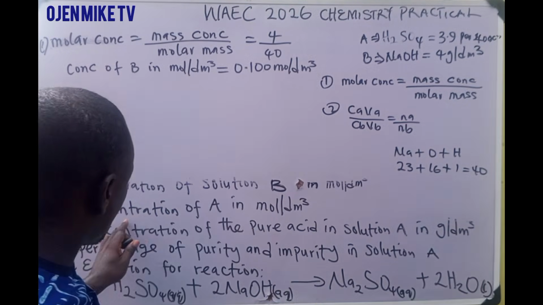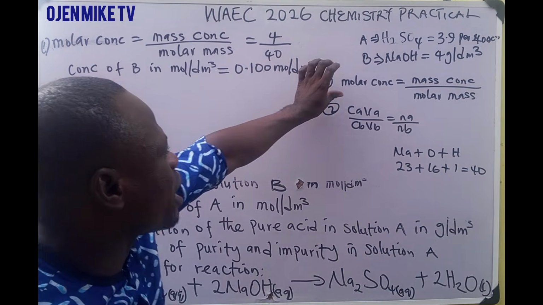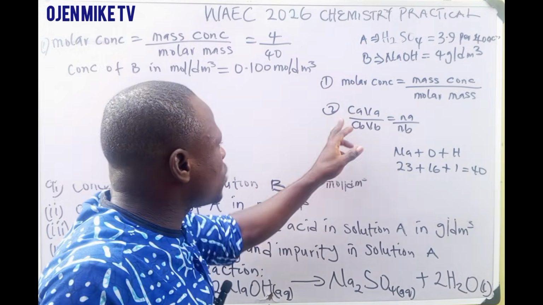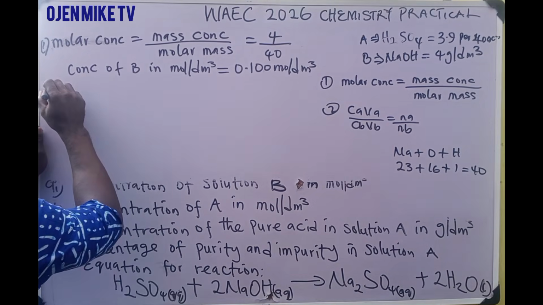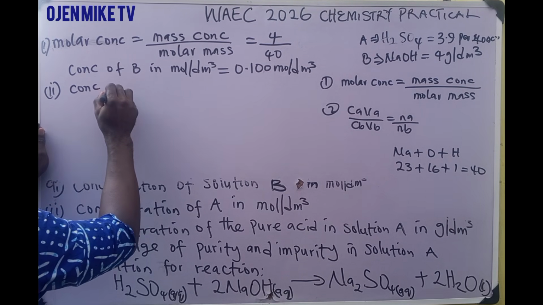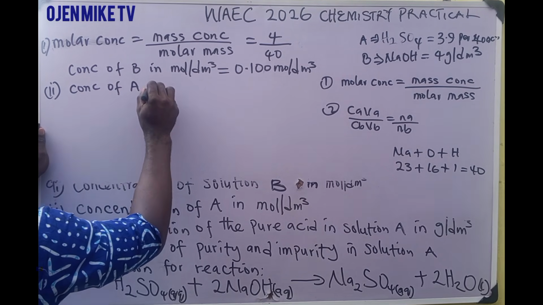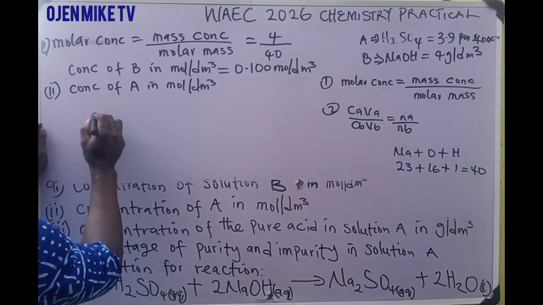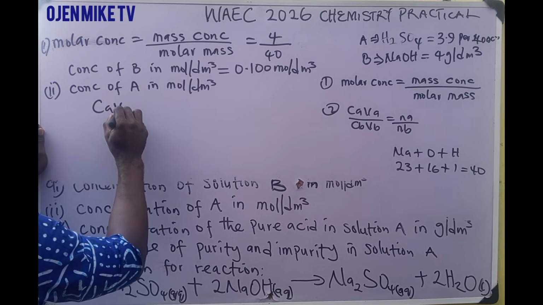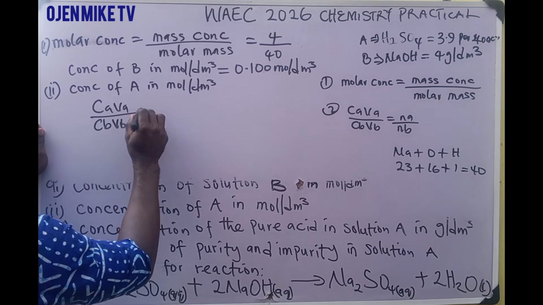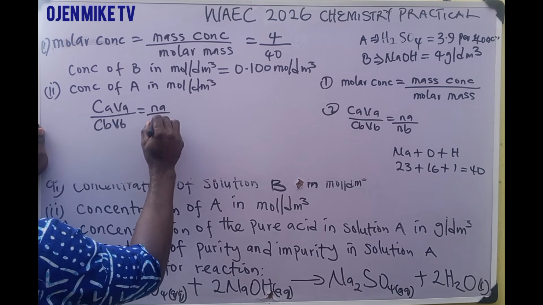Now let's go to the second one. Having used this formula for the first one, we now use this formula. So we say II: the concentration of A in moles per dm cubed. Using this formula, CAVA over CBVB is equal to NA over NB.